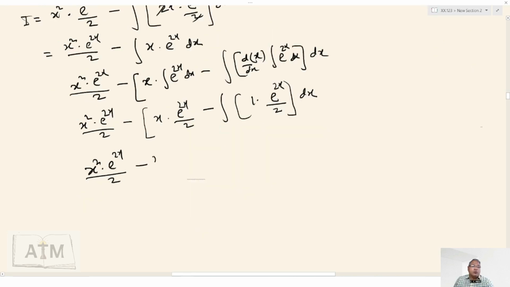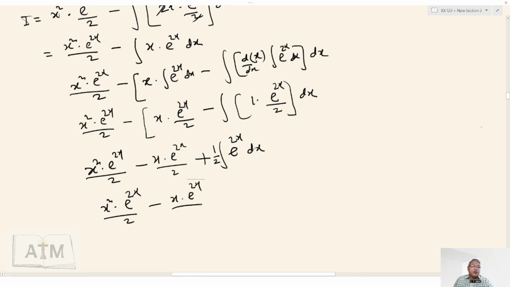Upon 2 minus x e raised to 2x upon 2 plus integration of 1 by 2 taken outside, integration of e raised to 2x with respect to x. So x square e raised to 2x upon 2 minus x e raised to 2x upon 2 plus 1 by 2, integration of e raised to 2x is nothing but e raised to 2x upon 2 plus c.